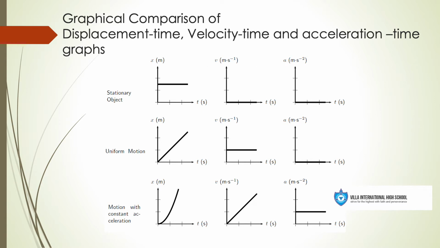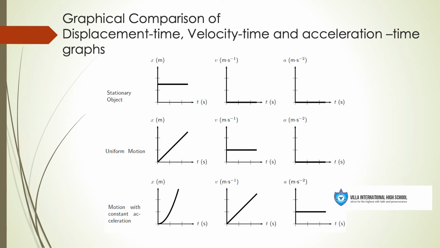Rest means we know there is no speed, so the gradient is zero. For velocity time, there is no velocity, so it should be on the x-axis, and acceleration is also the same. Then uniform motion, the speed is constant. If the speed is constant, for the displacement time graph, the gradient will be a positive constant.